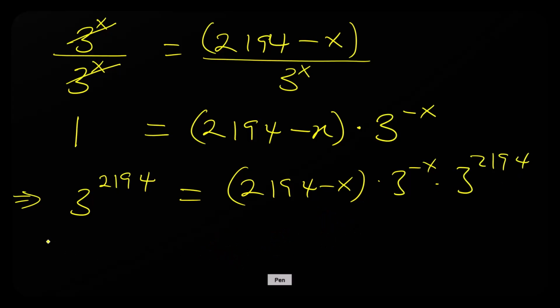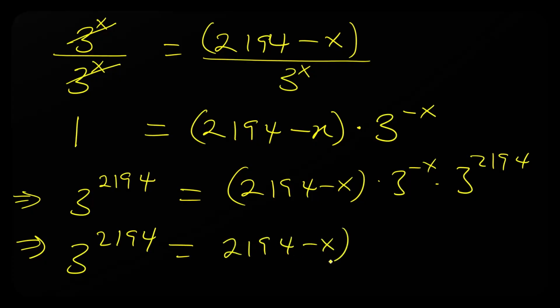Okay, so 3 raised to 2194 goes to, now we can perform indices here. The bases are equal, so I'll pick one and add the powers, so that will be 2194 minus x. Okay, now we have this and that equal.